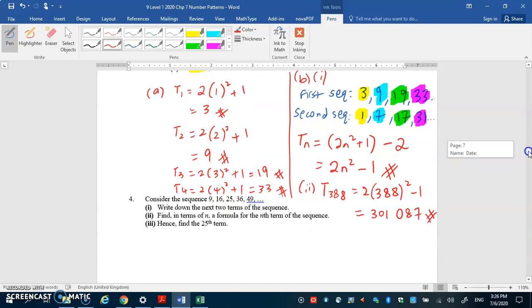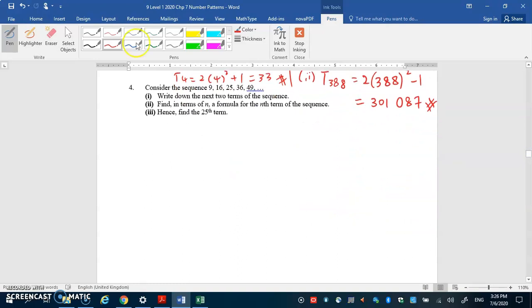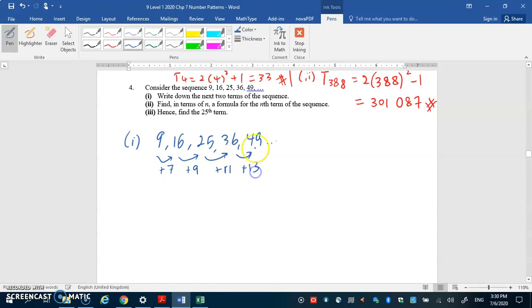Okay, question 4. If you haven't done it, pause first, then come back to the video. Okay, question 4, they say consider the sequence 9, 16, 25, 36, 49, etc. Okay, let's see if we can find a pattern. We realize that 9 plus 7 will give us 16, but 16 plus 9 will give us 25, 25 plus 11 will give us 36, 36 plus 13 will give us 49.